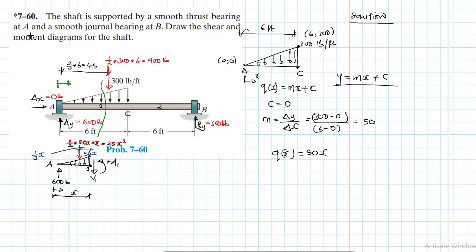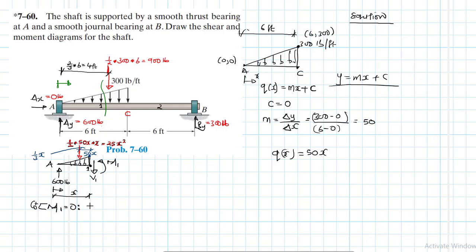So we've drawn the free body diagram. We have drawn the free body diagram in the section at 1. So now let's apply the equations of equilibrium. So summation of moments about 1 equal to 0, and clockwise being our reference. What do we have?